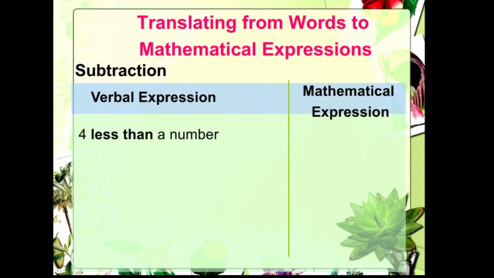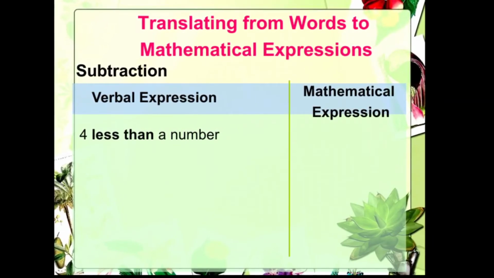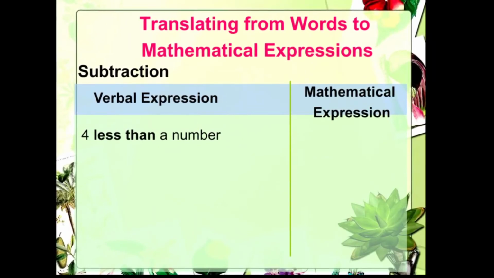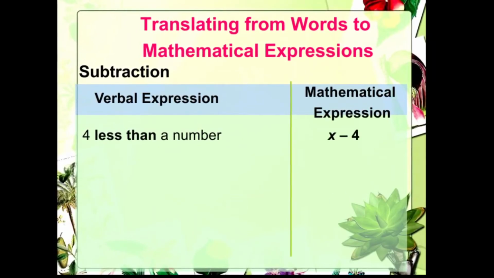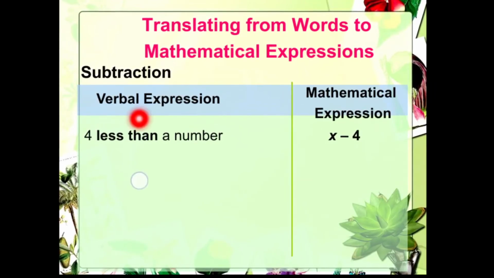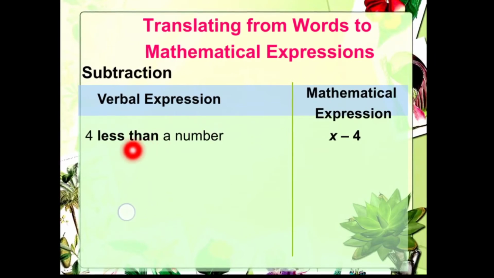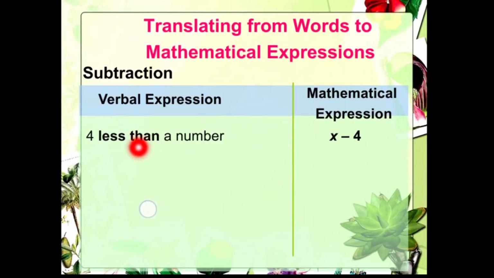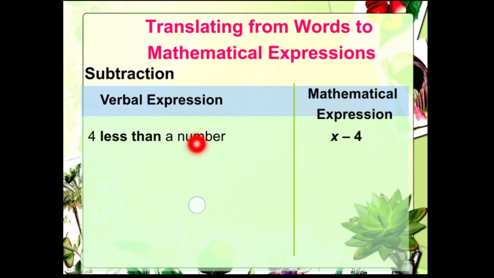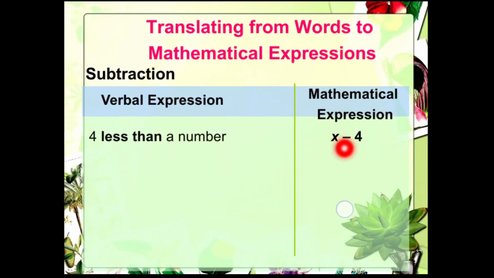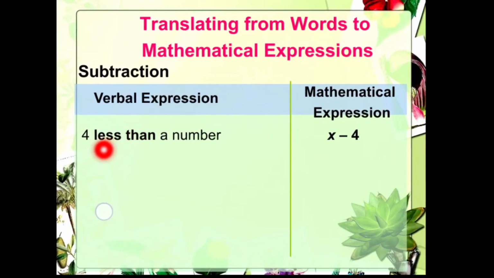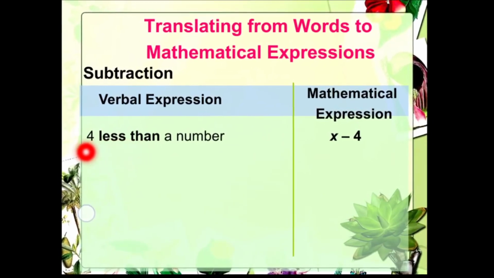So a number. What is a number? That is missing. In that case, we will use x. So our answer here is x minus 4. Again, we have less than, that is subtraction, and we have the word than. Therefore, we will write first the missing number, which is a number, that is x, for instance. Then, after that, we will use subtraction because less than, then 4.